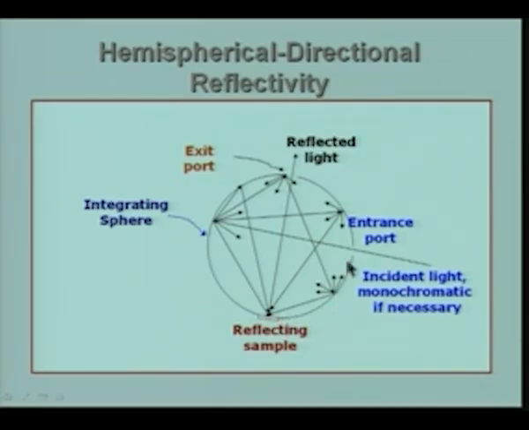And therefore, if I make a hole here and I allow the reflected light to pass through, I will be measuring a quantity which is related to the hemispherical value corresponding to the reflecting sample. So, it is coming at a given angle with respect to the normal, and the reflection in all directions is covered by the integrating sphere.